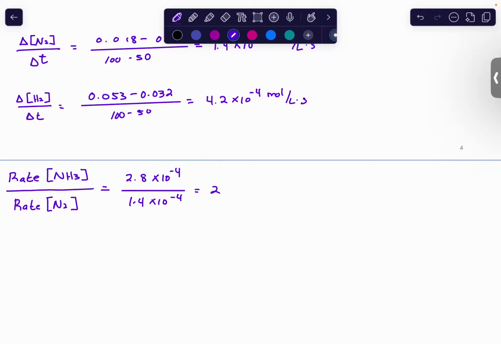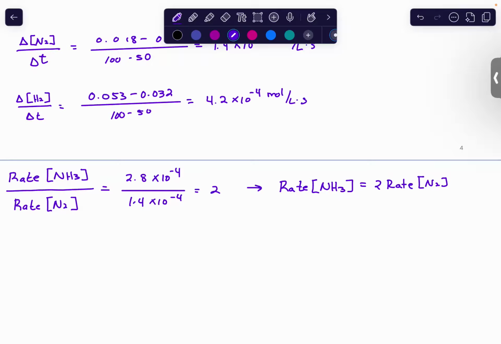So if we multiply through, we're going to get the rate of disappearance of NH3 is going to be 2 times the rate of appearance of N2. Okay.